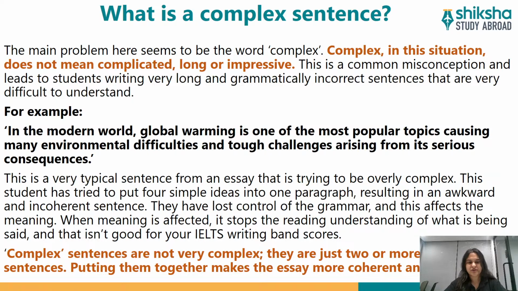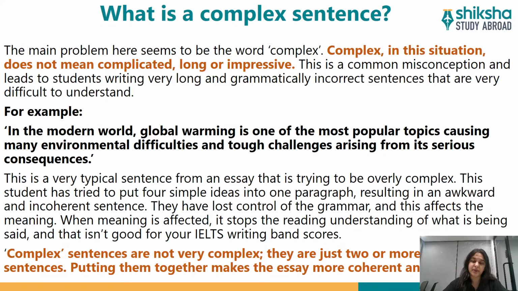They have lost control of the grammar and this affects the meaning. When meaning is affected, it stops the reader's understanding of what is being said, and that isn't good for your IELTS writing band scores.